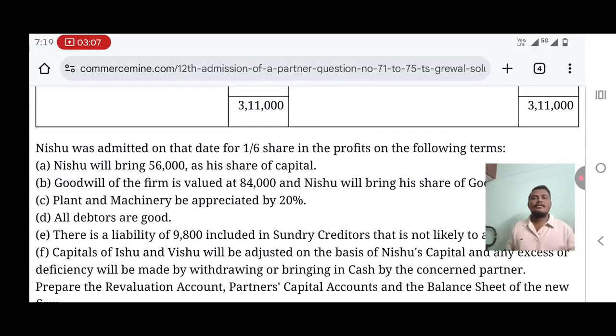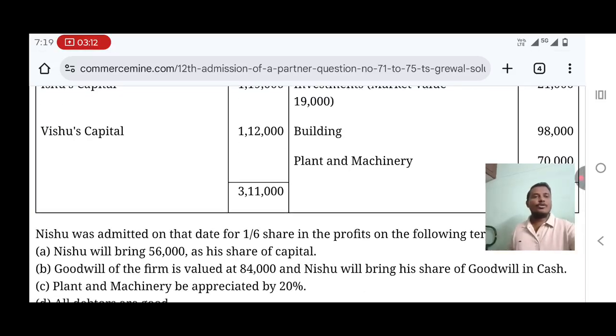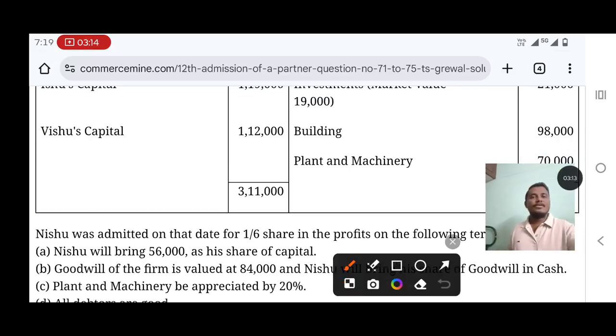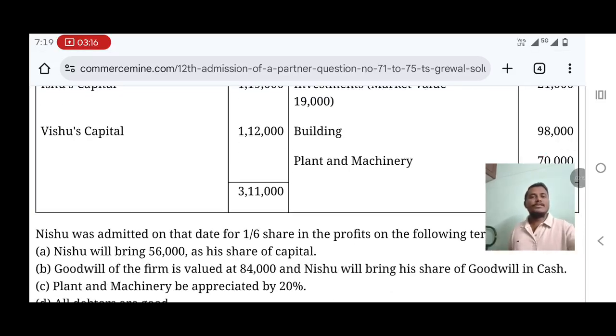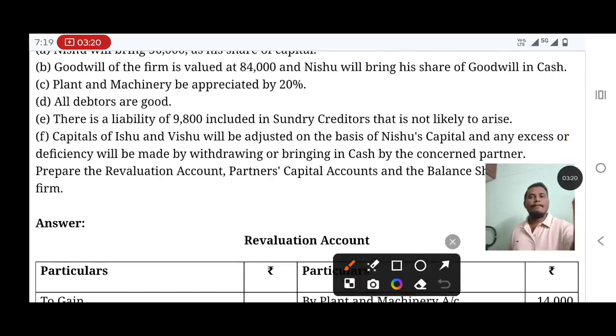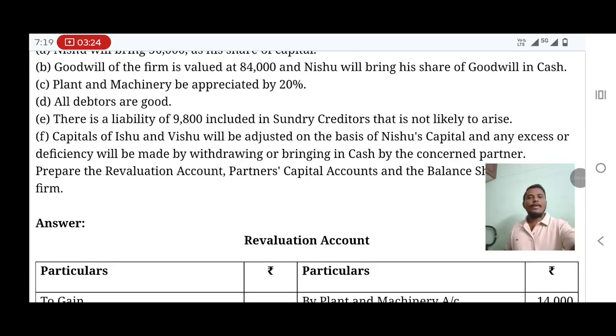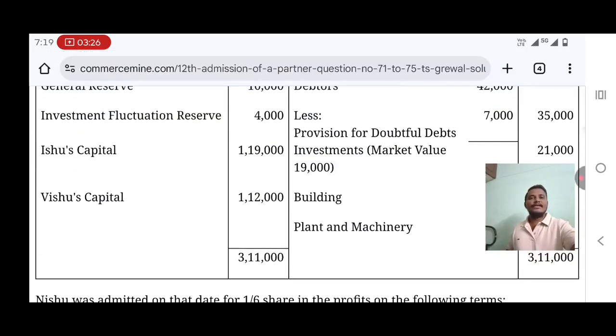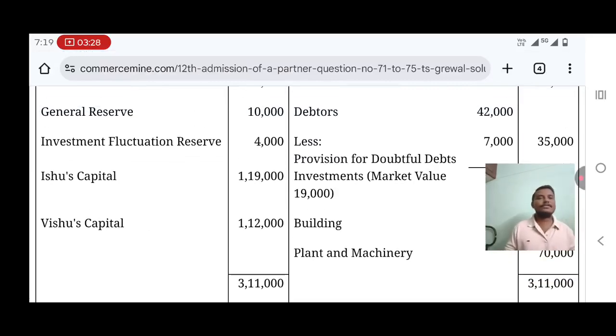Next, all debtors are good. This point I wanted to explain to you, friends. They say that all debtors are good, which means what? Go to the balance sheet and see debtors valued at 42,000, and they have deducted 7,000 as PDD, provision for doubtful debts.